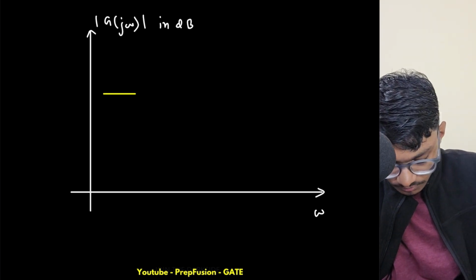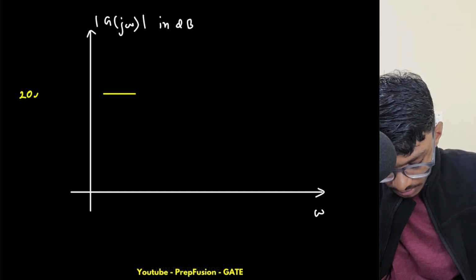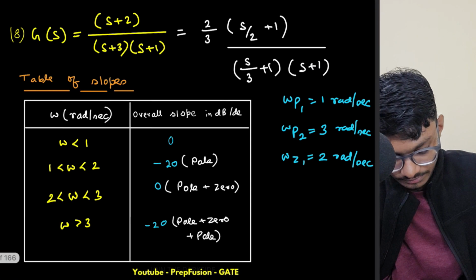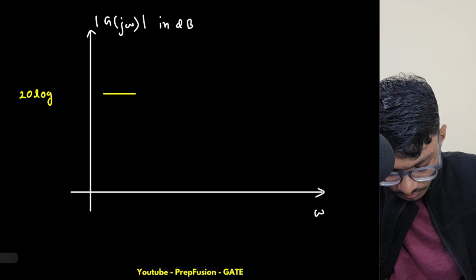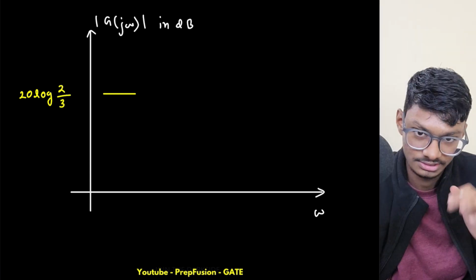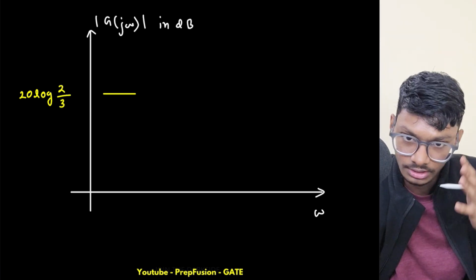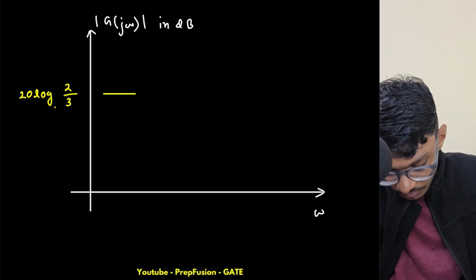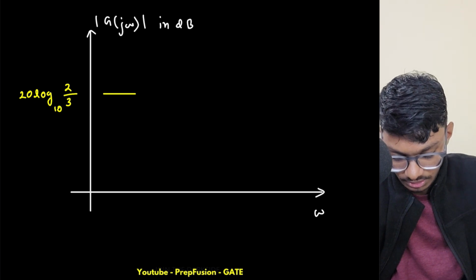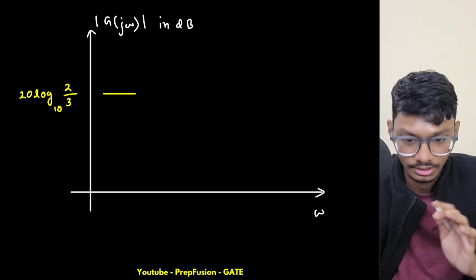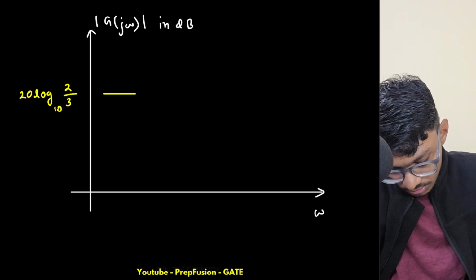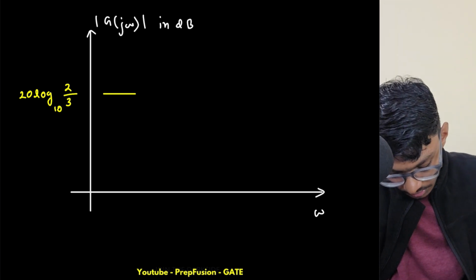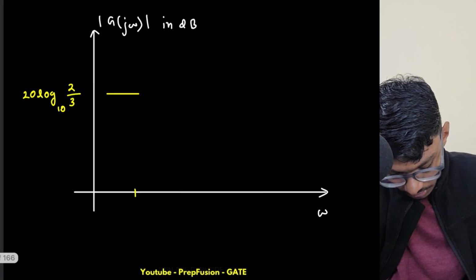It is starting from 20 log of 2 by 3. So it is something negative, as this is less than 1, and the log of something less than 1 will be negative. Okay, after that, let me mark the corner frequencies. This is 1, 2 and 3.